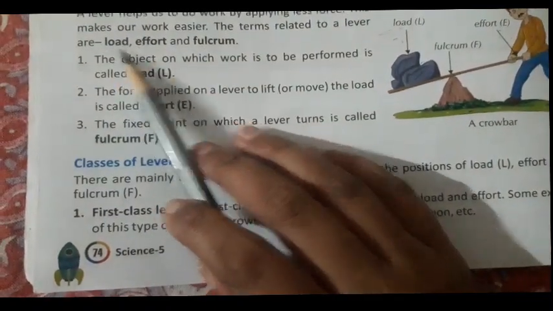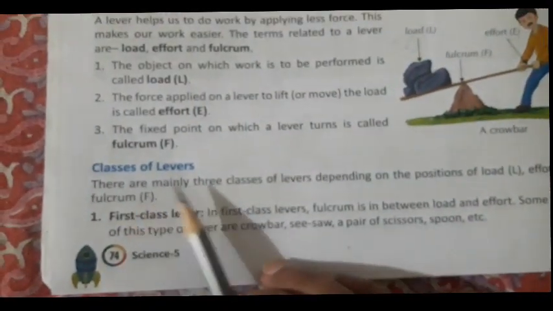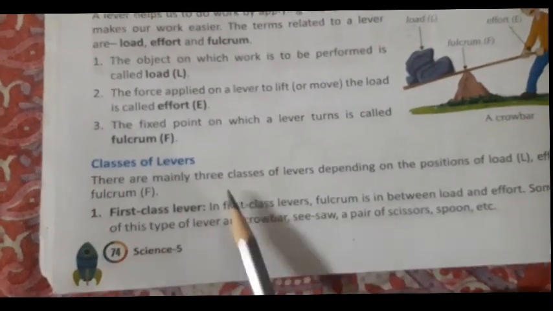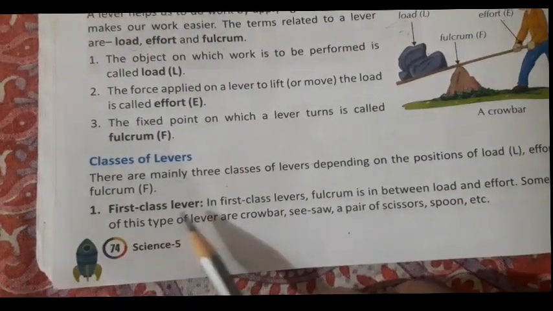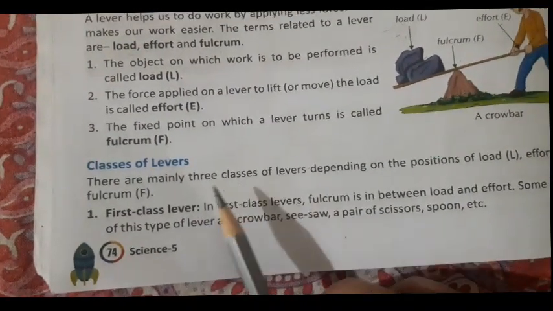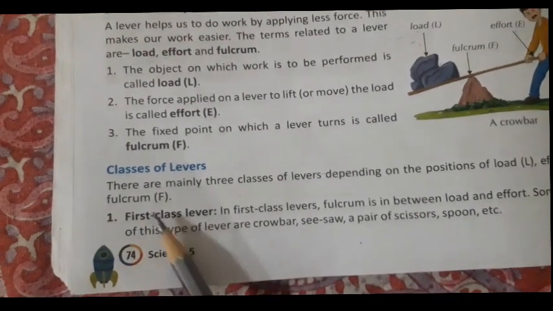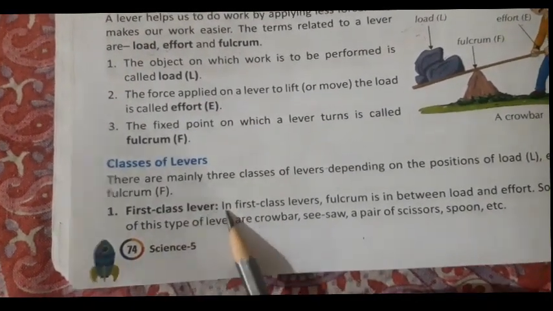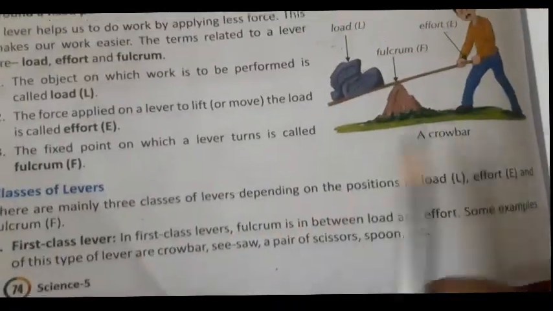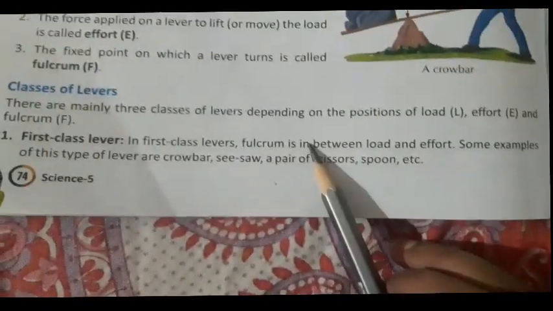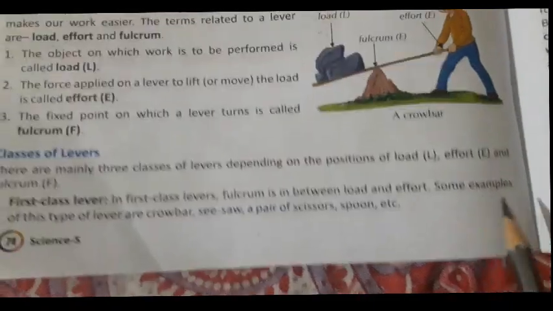According to this, the levers are classified into three classes, that is first class lever, second class lever and third class lever. So let's discuss the first class lever. In this case, the fulcrum is between the load and the effort.